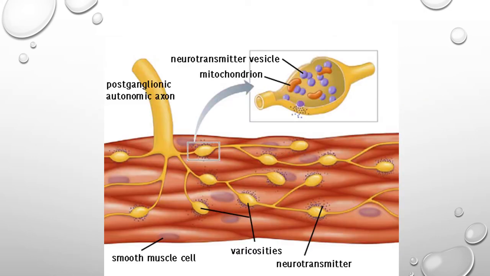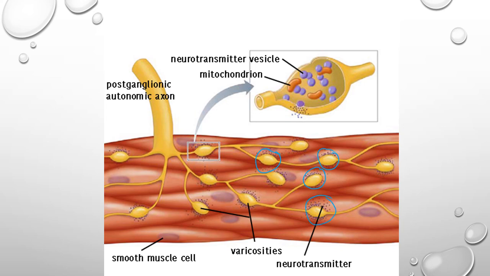When it comes to contraction of smooth muscle, the neurons are a little bit different as well. And so we can have here a situation where we have vesicles. And so those individual vesicles on the individual cells have a swelling to them.